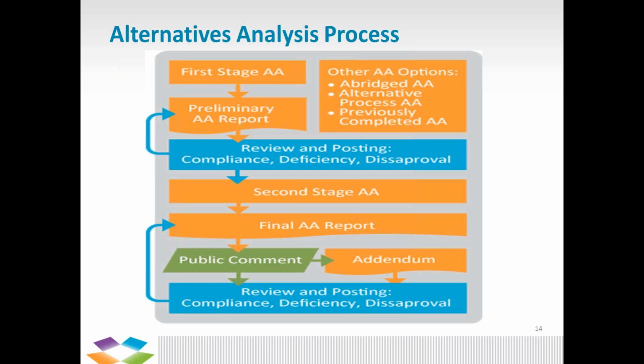We also provide that someone could submit to us a proposal for an alternative AA process, so long as they're meeting the basic requirements of our regulations. They may have a process in place that's very similar that needs to be tweaked. And the other thing which is key is that people can use previously completed alternatives analyses.